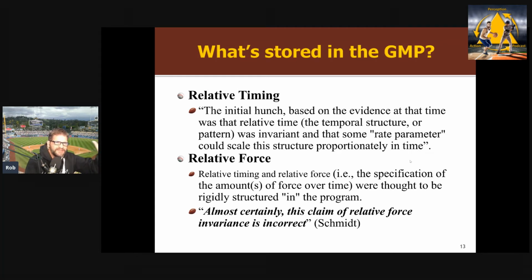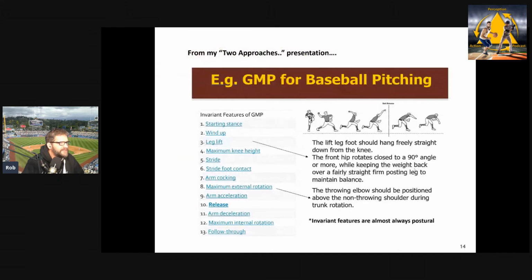So the fact that relative timing and relative force are what's in a motor program, although we might want to not include force, are what people had a bit of contention with, because I said in my original thing that how people use the idea of a generalized motor program and what's in it are postural, right?